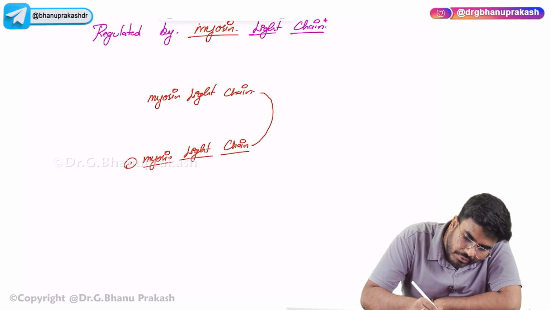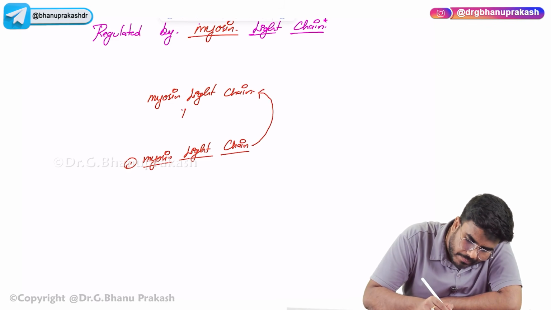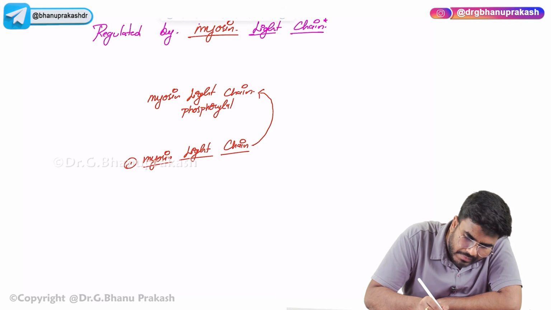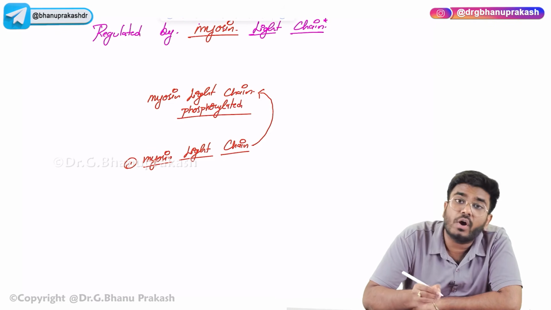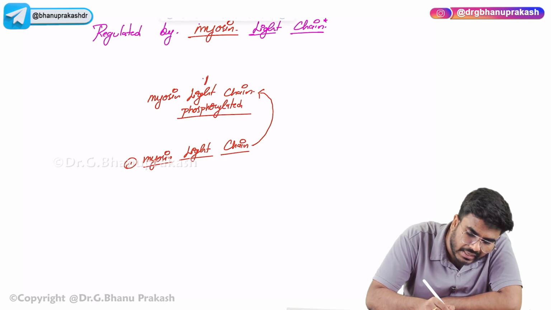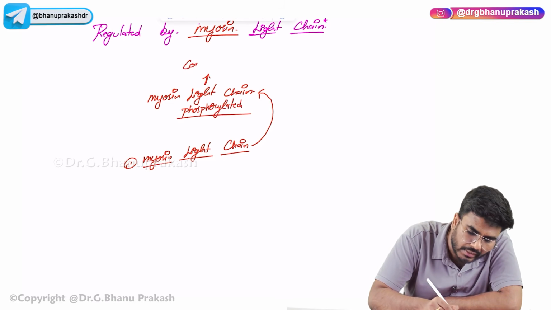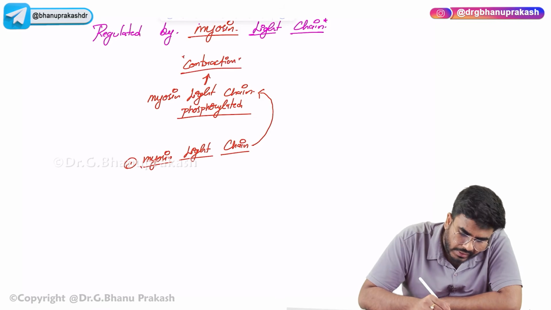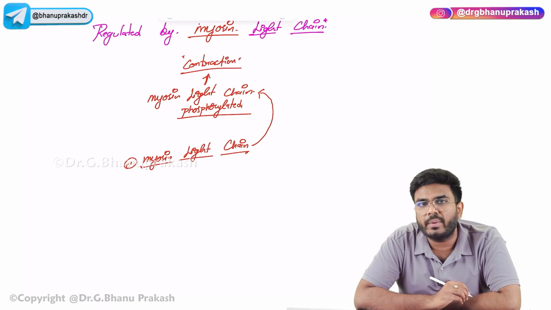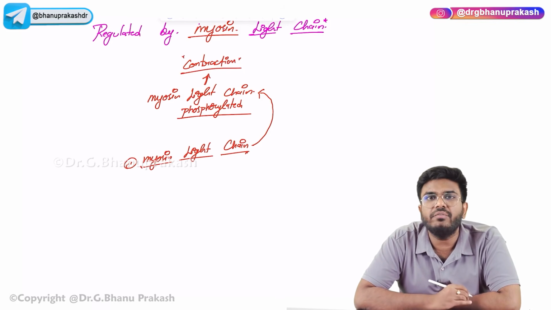What you need to do is phosphorylate it. This is the MCQ: only the phosphorylated form of myosin light chain is going to be involved in contraction. That's it, simple. So during relaxation, during resting time, what kind of myosin light chain is there? It's dephosphorylated.